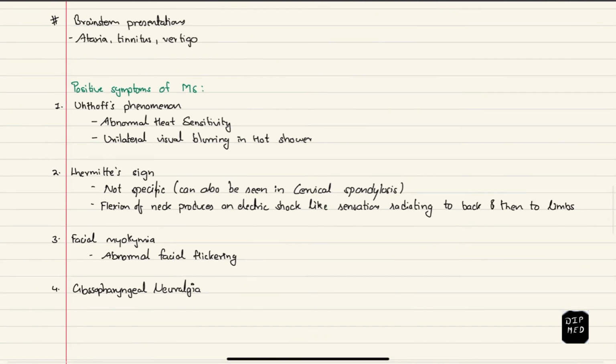Here, flexion of the neck produces an electric shock-like feeling radiating to the back and then to the limbs. Facial myochymia means abnormal facial flickering. And lastly, we have glossopharyngeal neuralgia as a positive symptom. So these were the positive symptoms of multiple sclerosis.